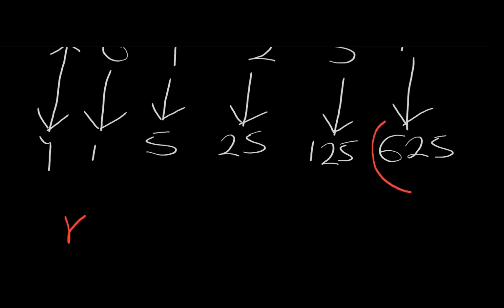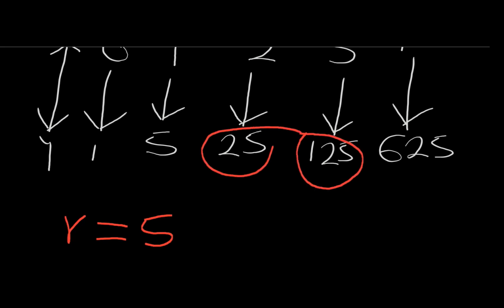Now, 625 divided by 125. What is the answer? Clearly, we are going to get 5. Also, 125 divided by 25. What is the result? The result is also 5.